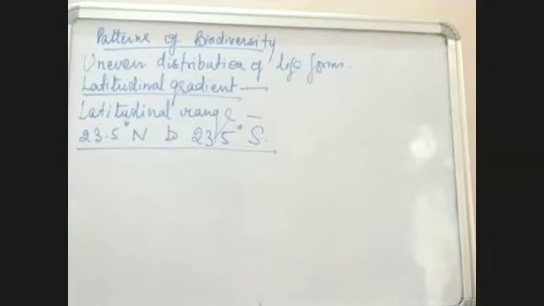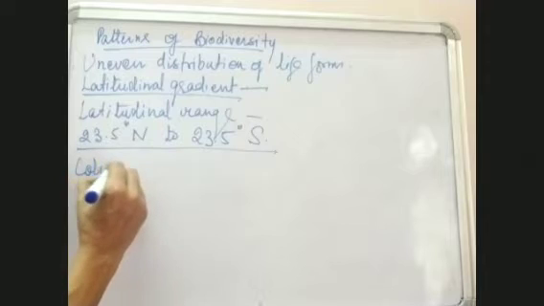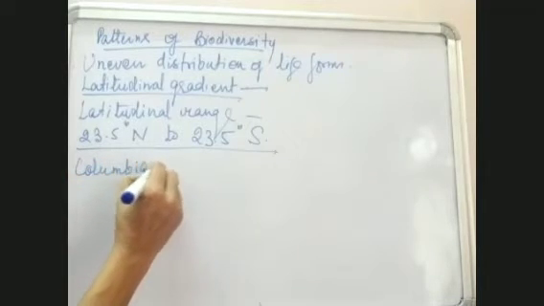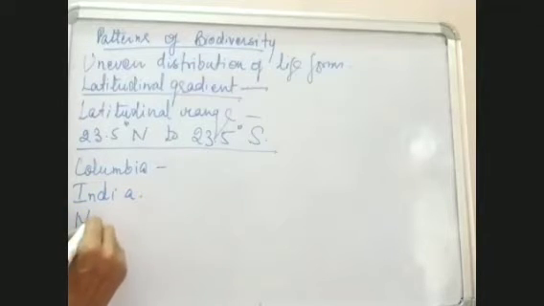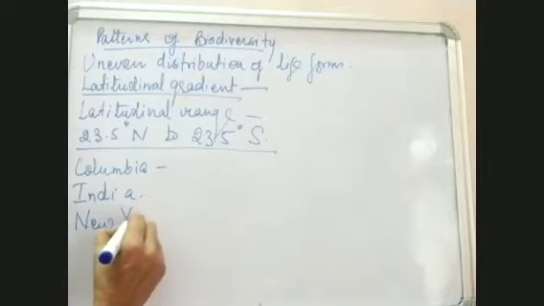The example given in your book goes like this. They have told about the countries Colombia, India, then New York, and the fourth one, Greenland.